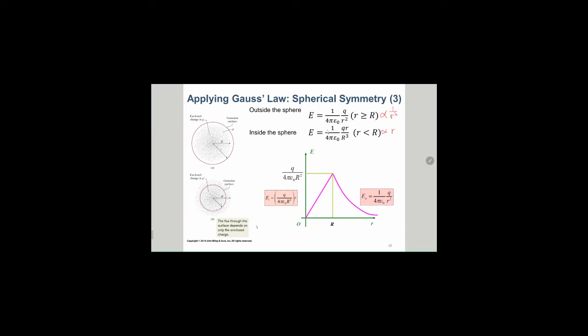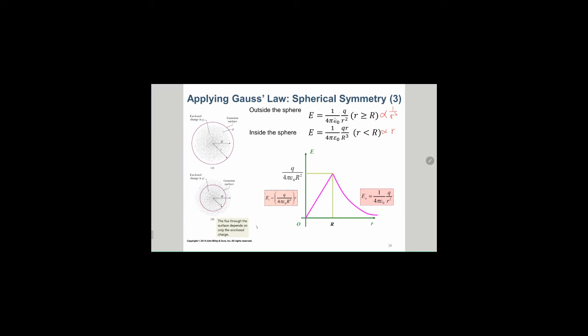Of course, 1 over 4 pi epsilon naught is a constant. But when you consider this line, usually Q is a constant. Capital R is also constant because you don't really want to change the size of the sphere. So all the other terms are constant. Only r, small r, is a variable.